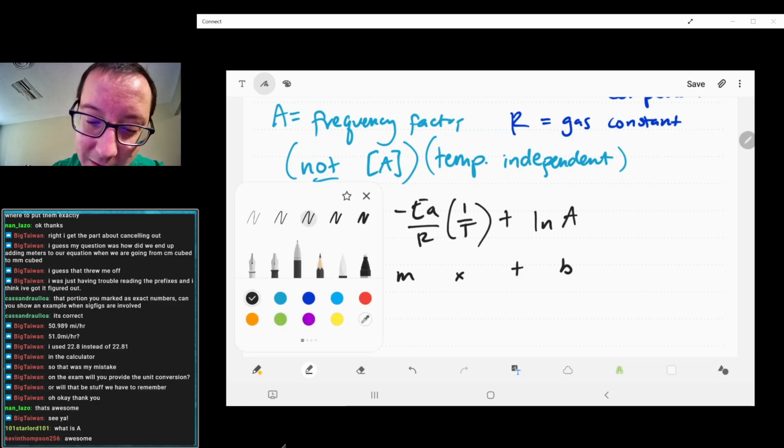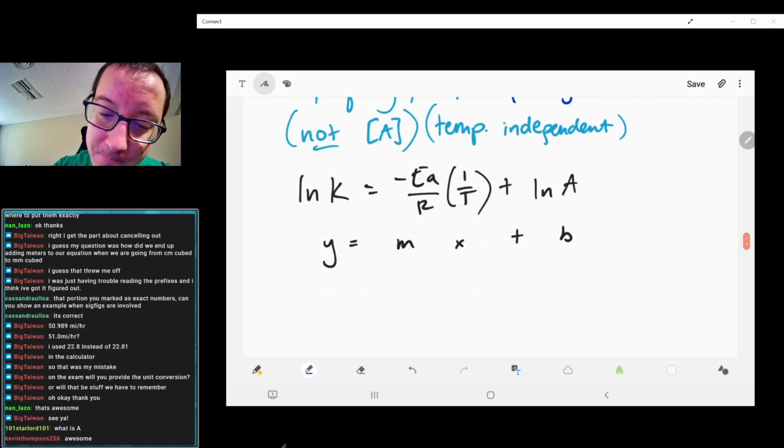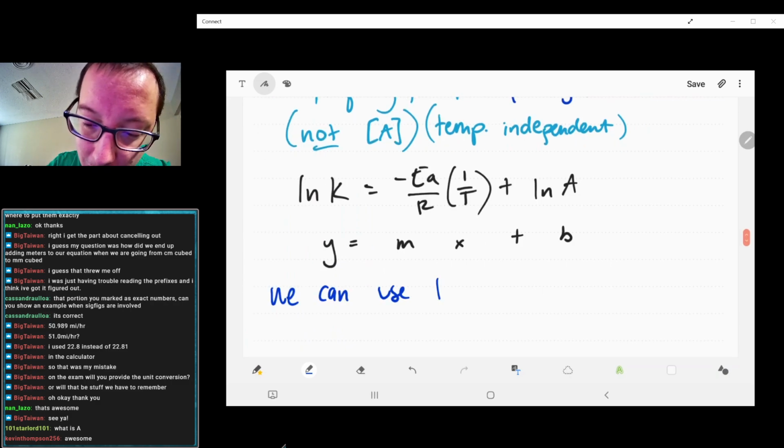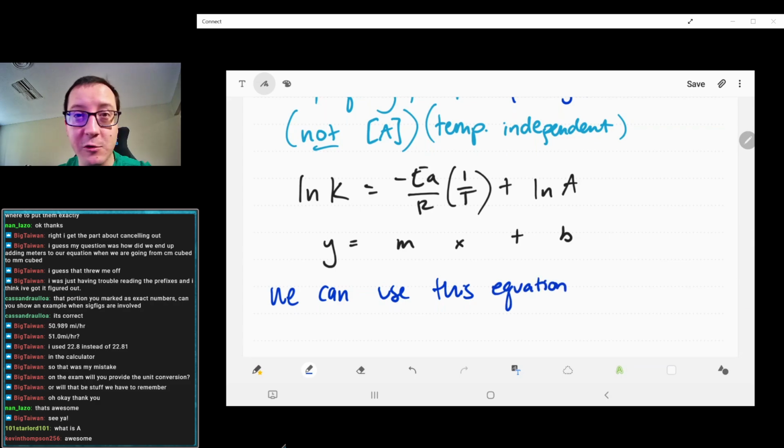This whole chapter is a mess of equations. It's kind of like, when the heck do we use these? This particular equation can do two things.